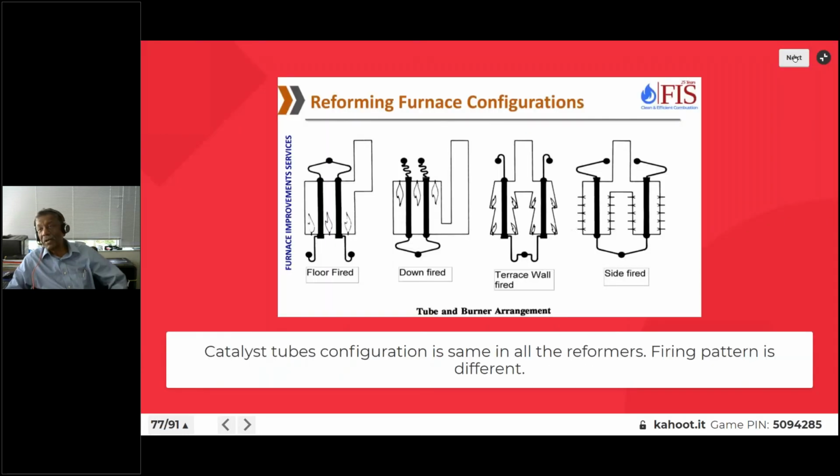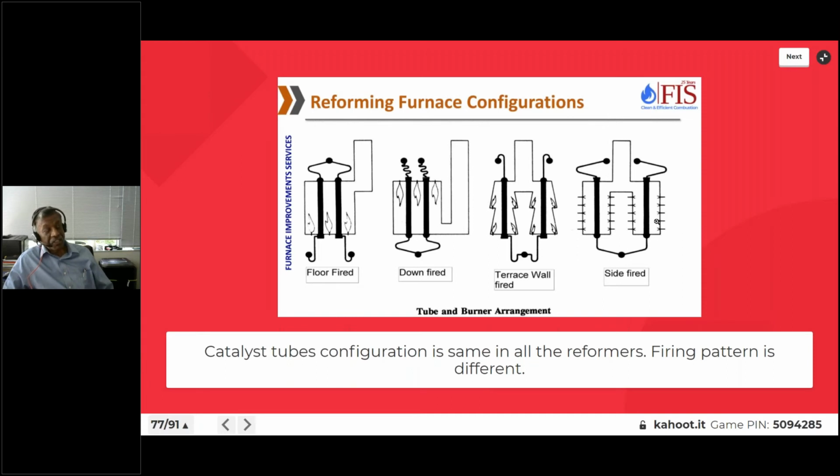So let's talk about the steam methane reformer furnace. I think we have covered the initial chemistry, the catalyst, and let's talk about the different types of furnaces. Here I have got 4 furnaces for you: floor fired, down fired, terrace wall fired, and side wall fired.